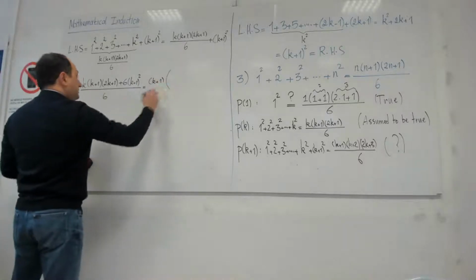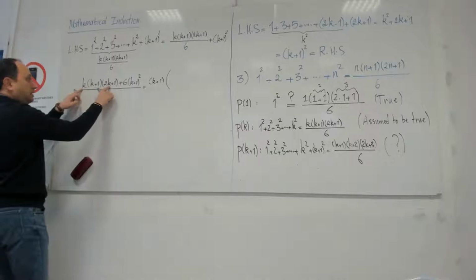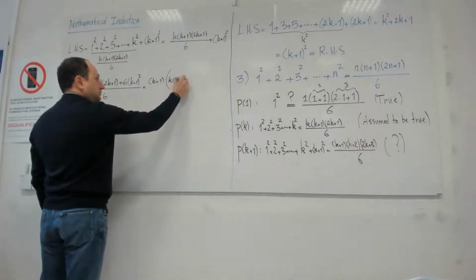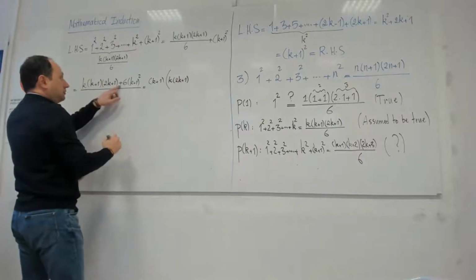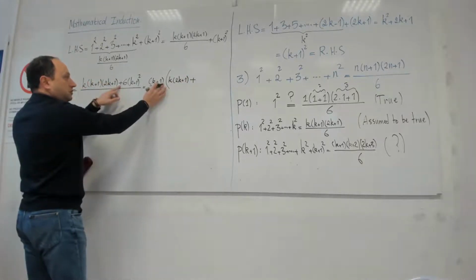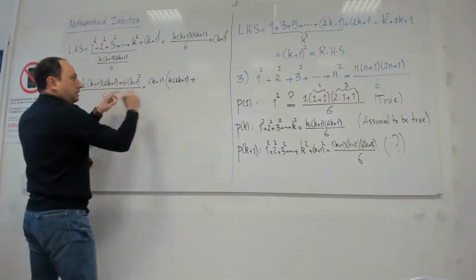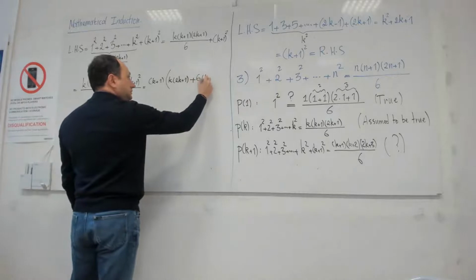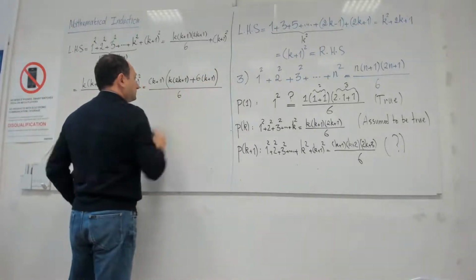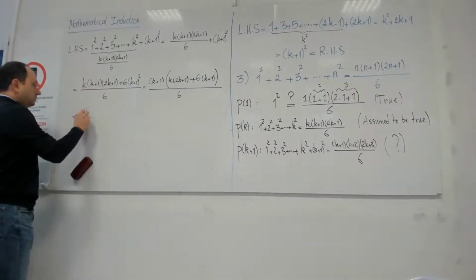Okay, so what is left? K plus 1 is pulled out. K multiplied by this is left. And then I have plus. I pulled one of these k plus 1s out. There were two of them. One of them and this 6 are left. Okay. And then I need to do some algebra, okay?